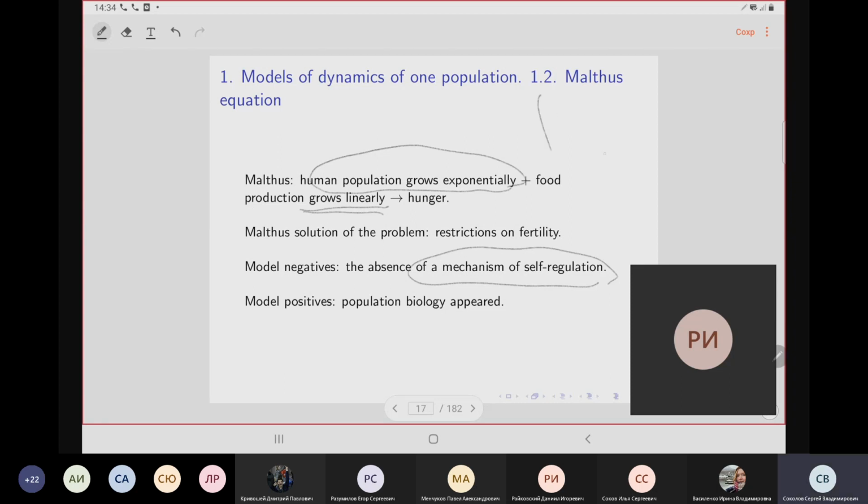And he said that we see the food production and the population growing, and we expect some point when the food production will be less than needed to support the population. And then finally, we can see hunger.